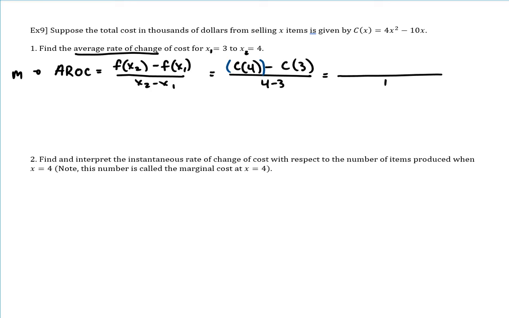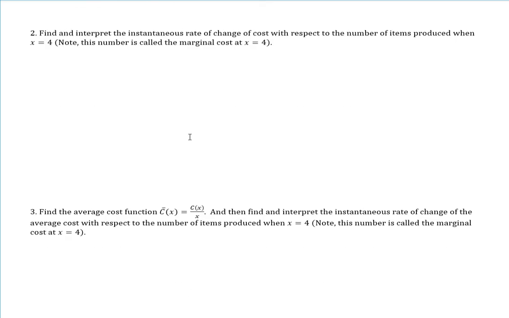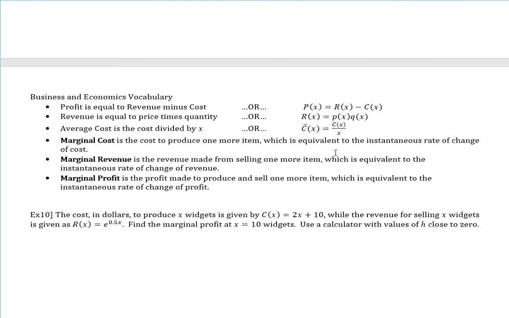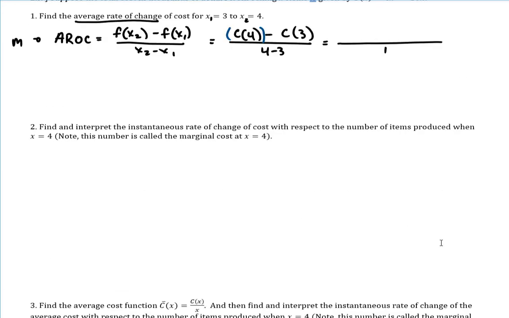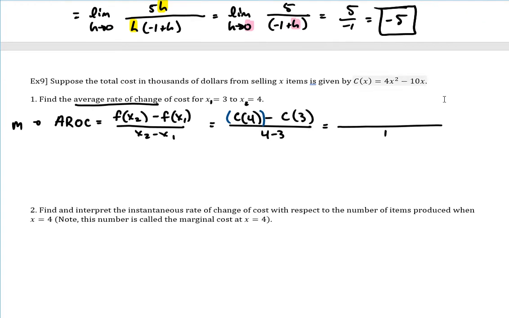And the reason I wanted to stick with C instead of changing this to f of x is because we'll have other problems that involve profit, revenue, and cost. I don't want to say everything's f of x because I would have multiple functions that would be f of x and it'd get confusing. So let's keep this as cost, and we'll change it to C of 4 minus C of 3.